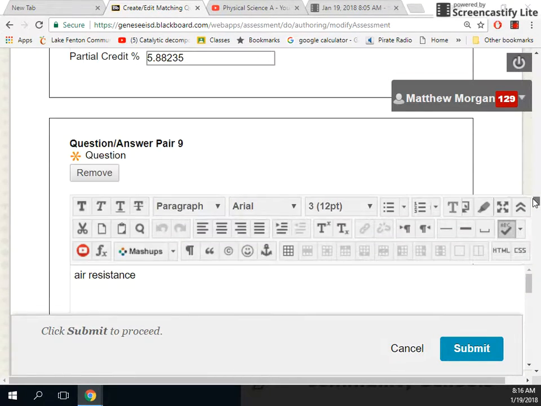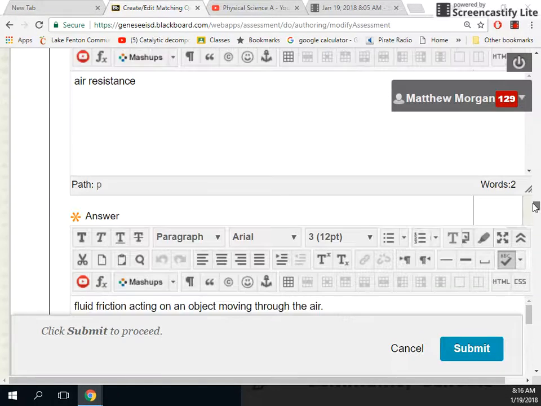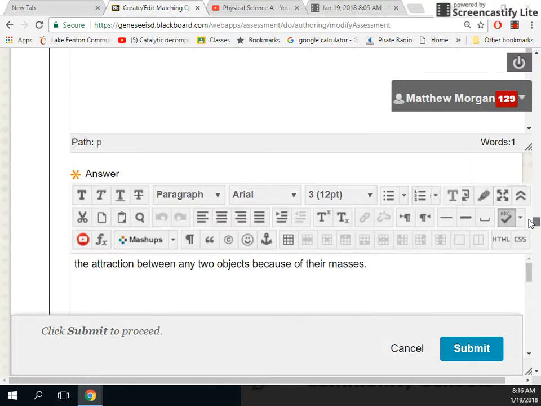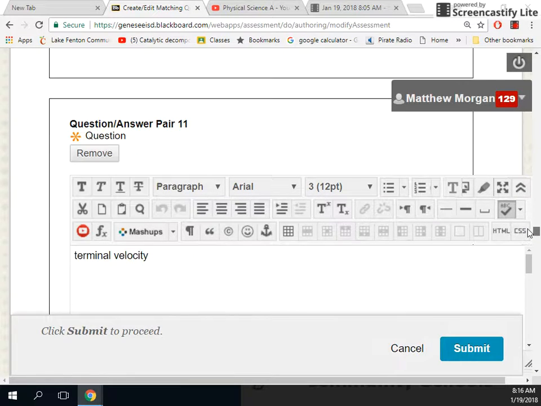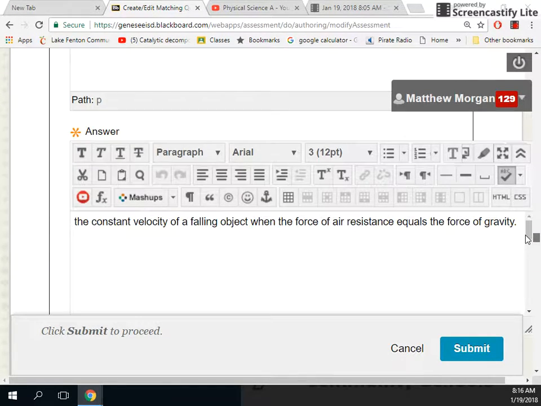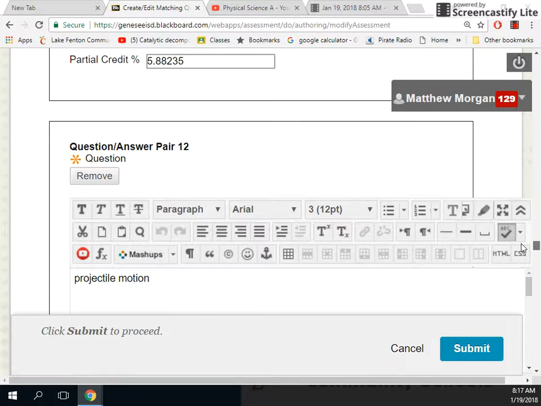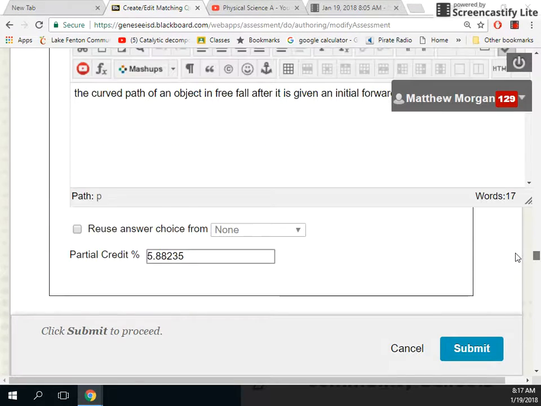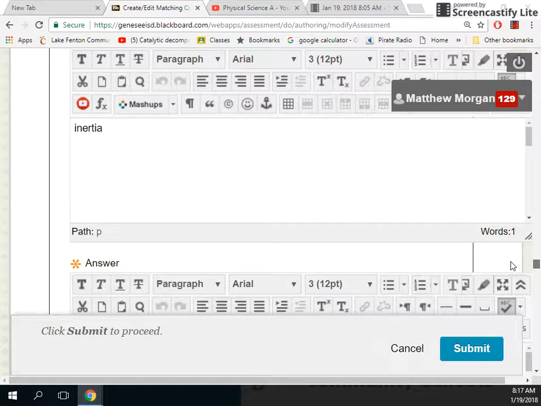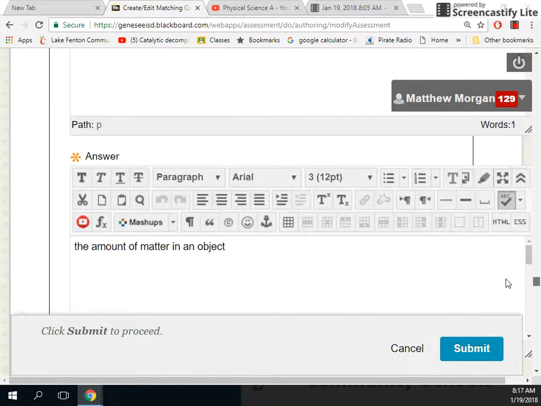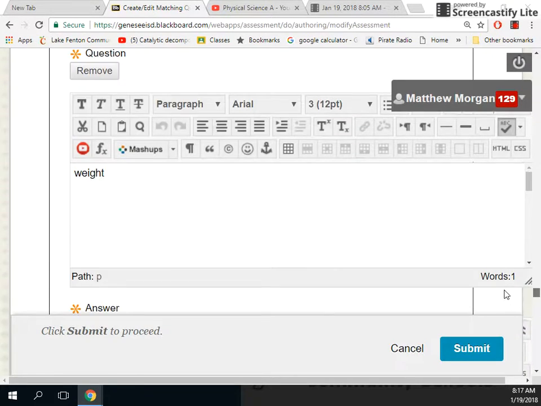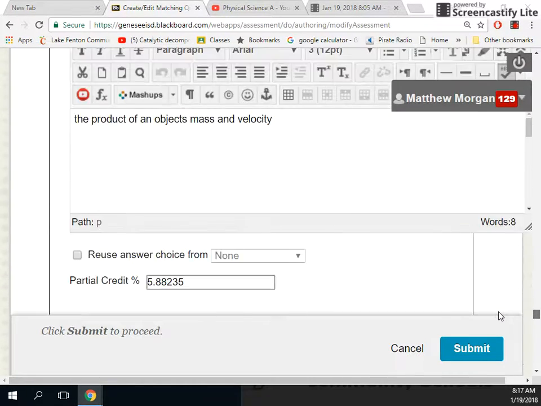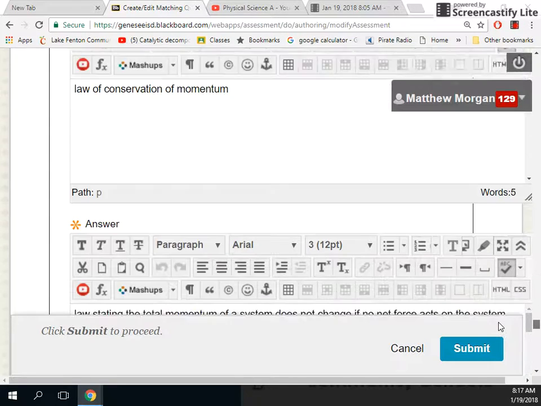All of these so far we've covered: air resistance, the parachute drop, fluid friction, gravity we covered extensively, terminal velocity, projectile motion we covered extensively with the catapult, inertia, mass, weight we've covered extensively, momentum, conservation of momentum.